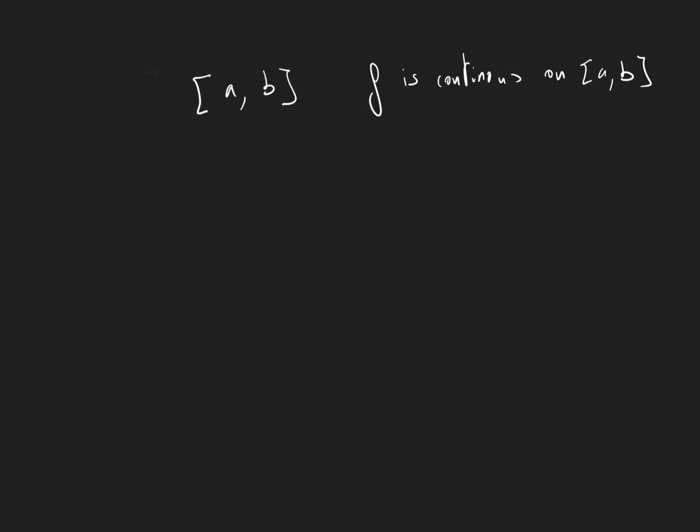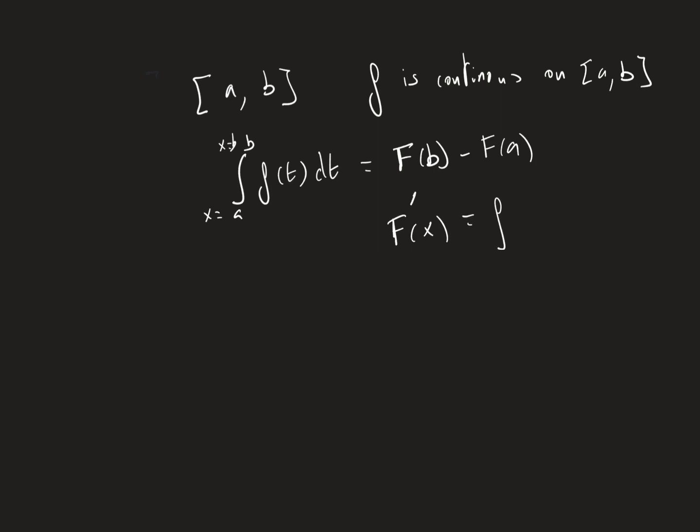And what you say is that the integral from x equal a to x equal b of f(t) dt is equal to F(b) minus F(a), where the derivative of F(x) is f(x). This is what the fundamental theorem of calculus says.